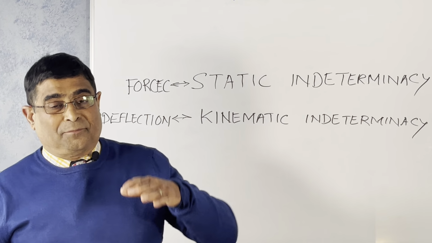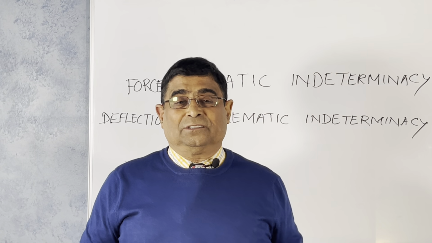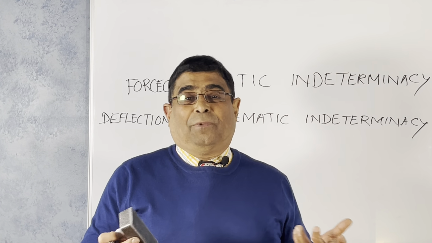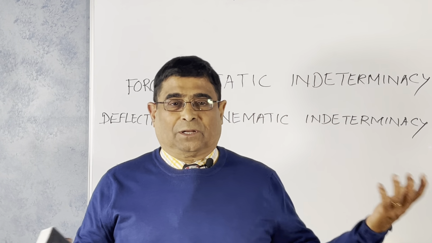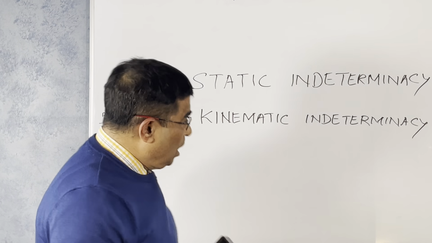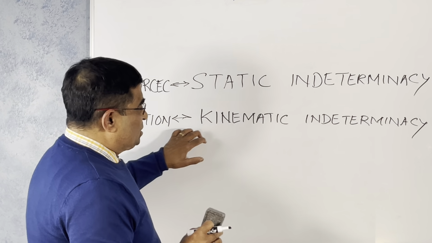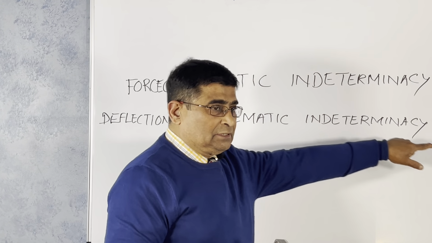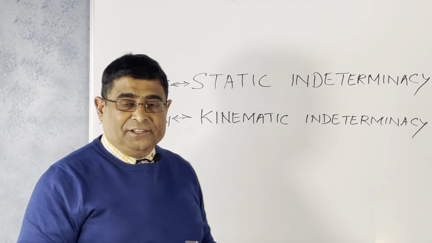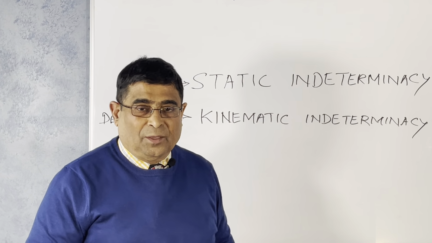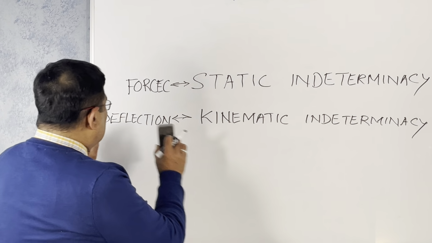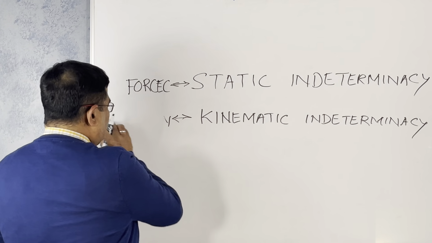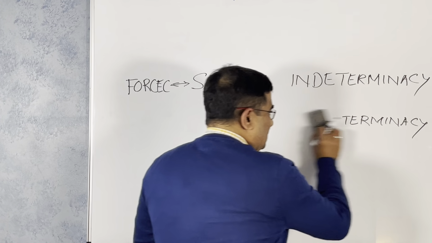This deflection may be linear deflection or angular deflection or deformation, whatever you call it. Our discussion today is not about kinematic indeterminacy, because I don't like to mix them, it will take time. So, we will discuss this later, not today.